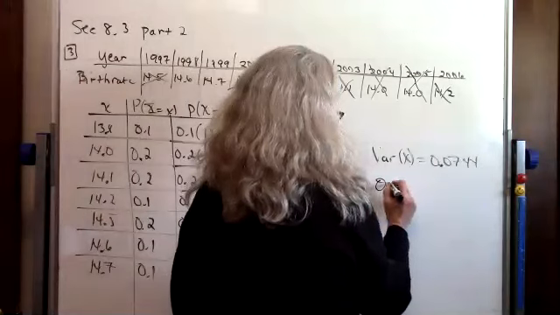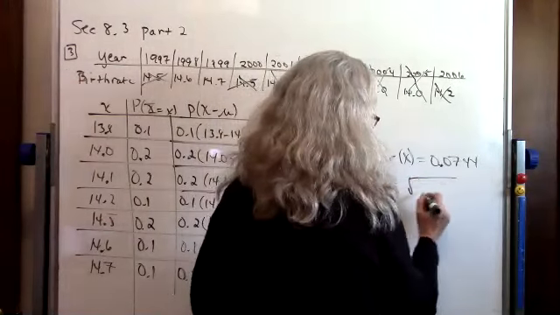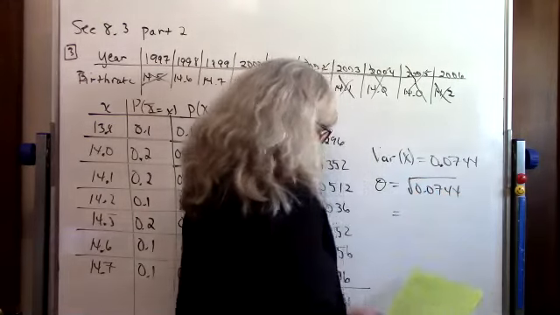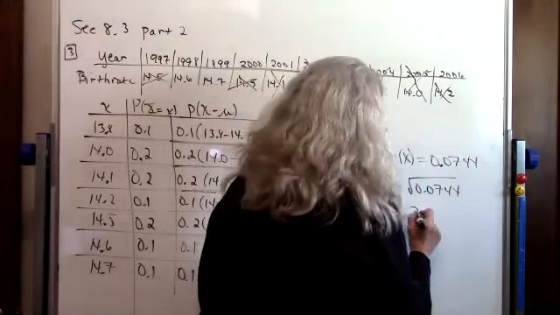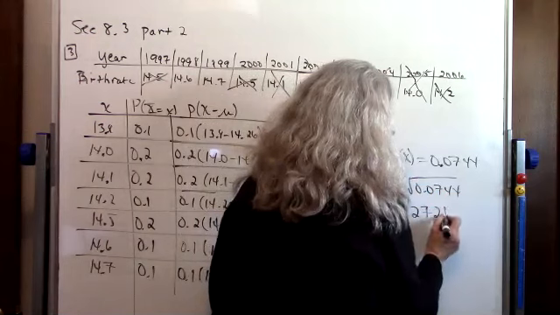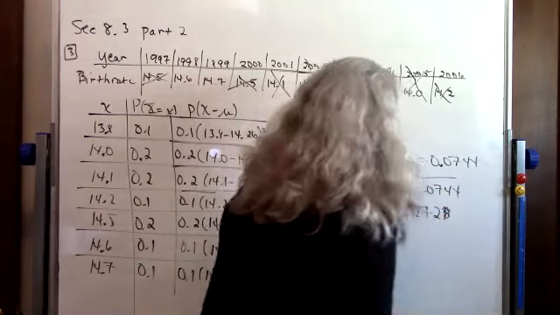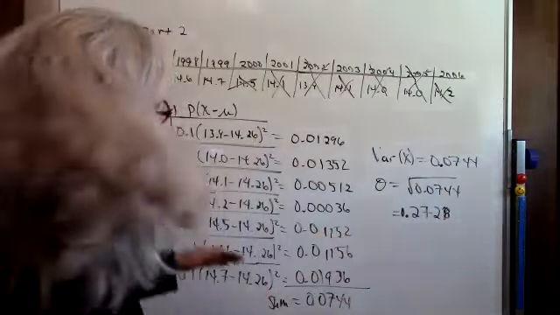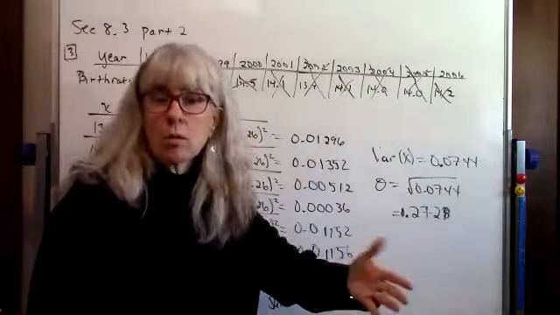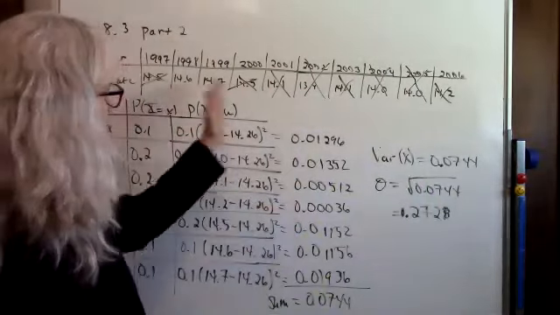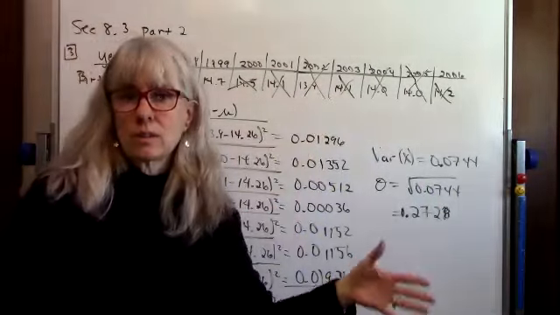So our standard deviation is the square root of 0.0744, which comes out to be 0.2728. And that's our standard deviation. So it's a pretty small spread. Because that number is so small, less than 1, we're fairly close to that 14.26, which we are. Our data set was fairly close to it.